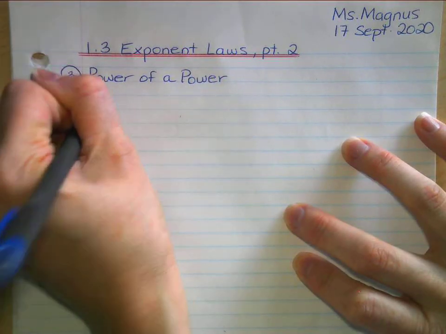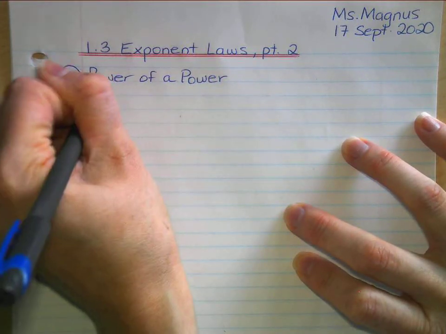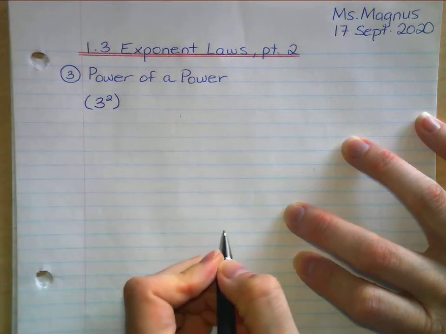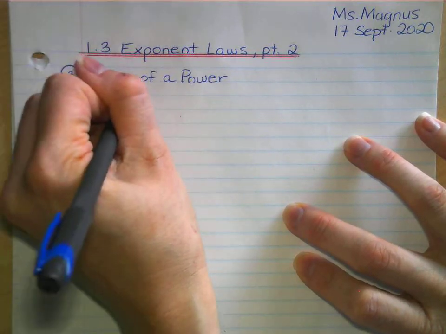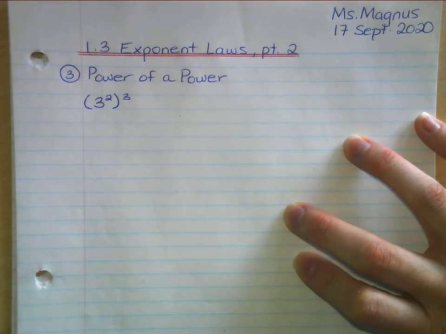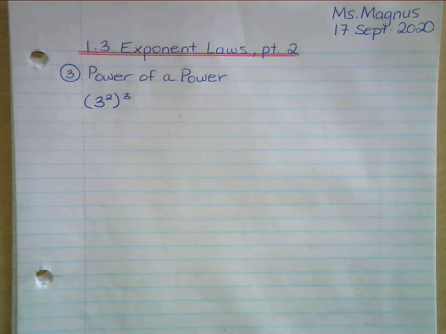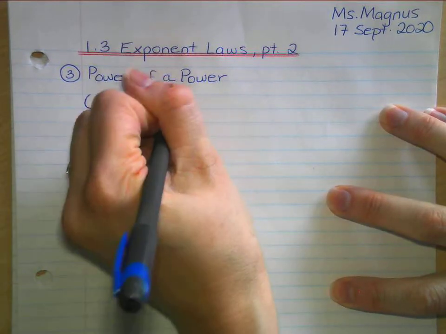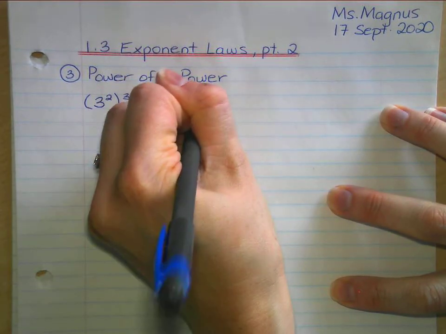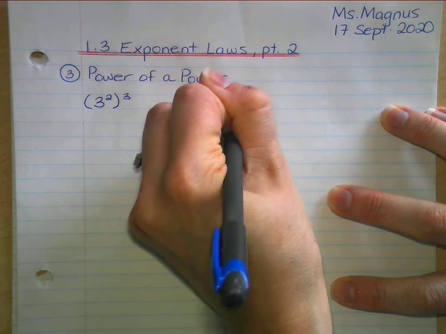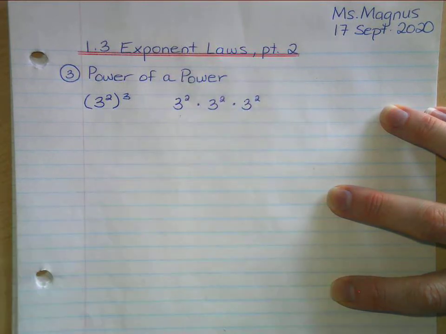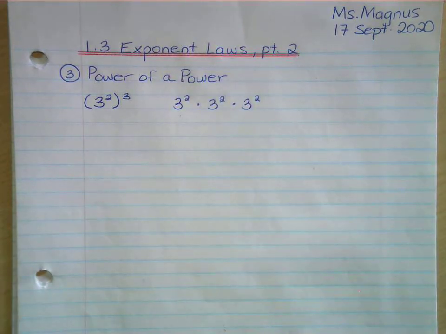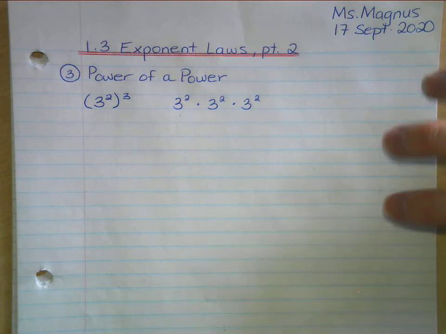So if I have 3 squared, all to the power of 3, we know that we have 3 groups of 3 squared. So it's 3 squared times 3 squared times 3 squared. And so now it looks just like a question we did yesterday, and we're going to use the product rule.